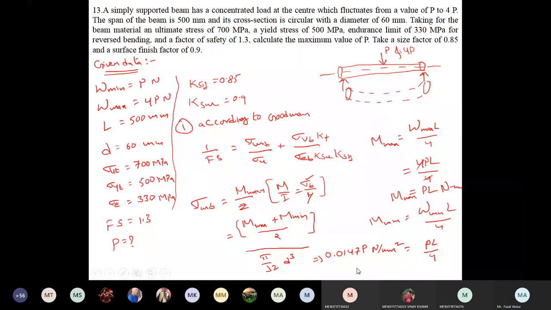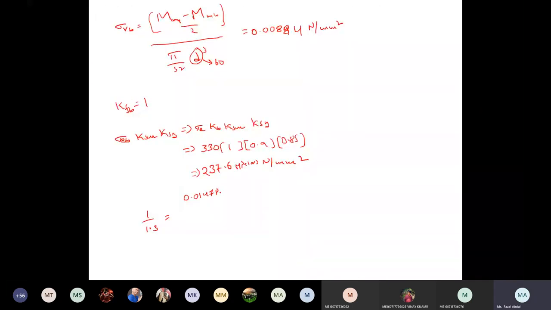0.0147 P by 700 plus 0.00884 into 1 by 237.6.